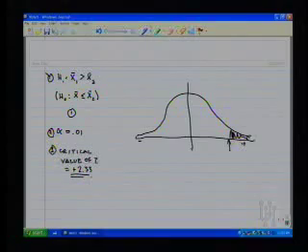This is one half of the process of hypothesis testing.